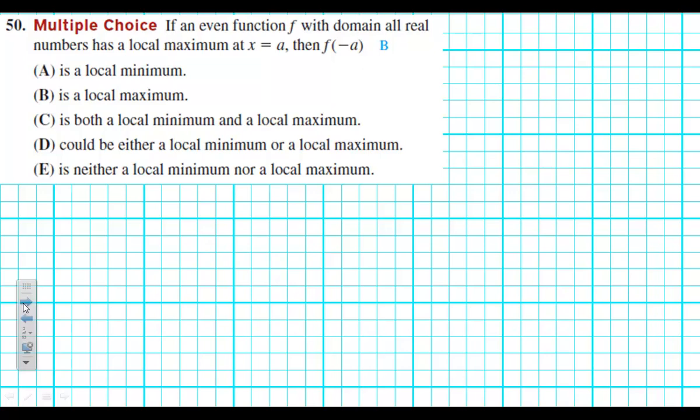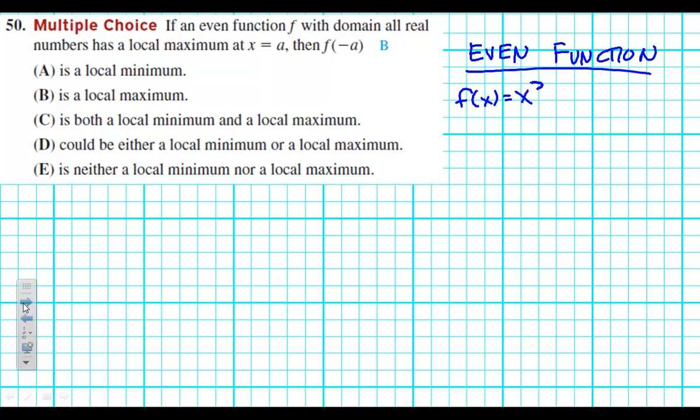See, there's a difficulty with this problem because we don't know what even functions are. All right, so review time. A review of what we mean by even function. Now, I can do this review in two ways. I'll do it the easy way first. Even functions are functions that are made up of only even powers.